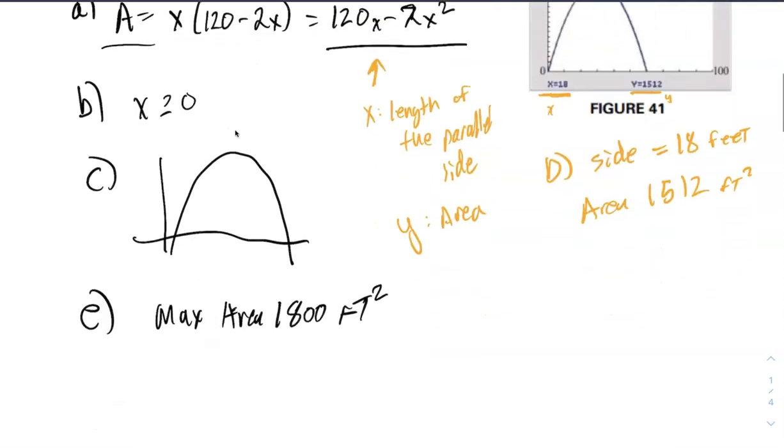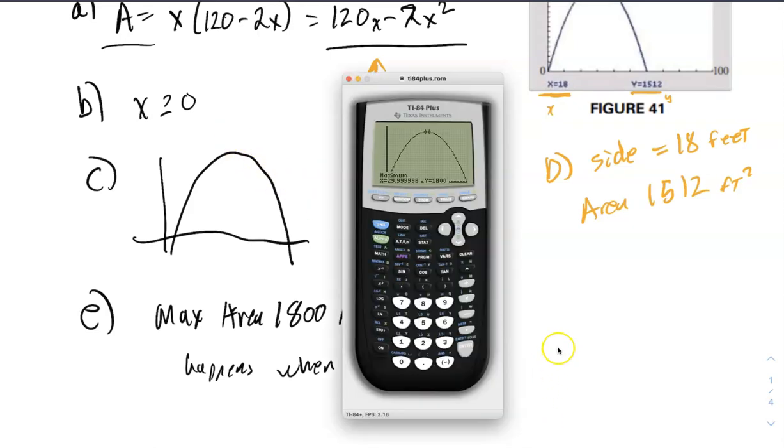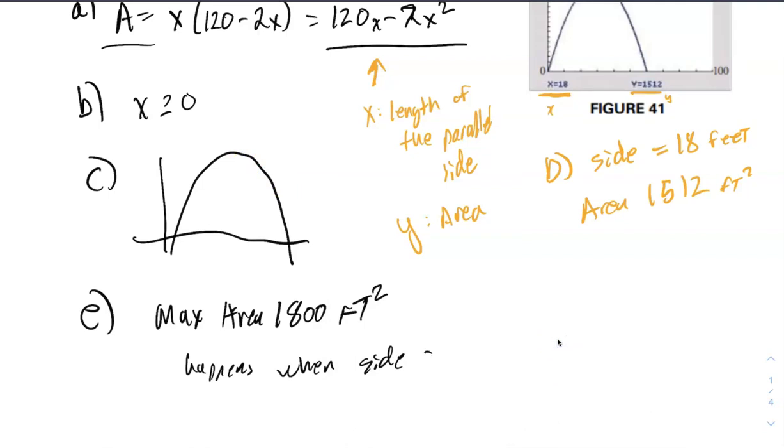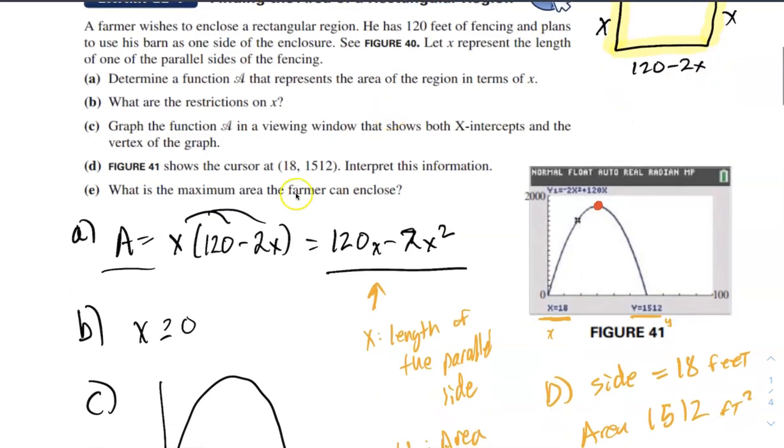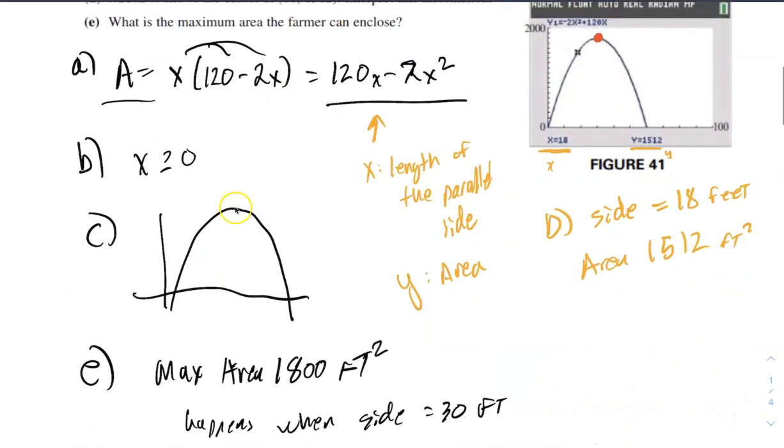By the way, that happens when the side is a length of 13. Was that 13? 30. So it's a little context there, but that's how we do it. We draw a picture. We set up an equation that fits the picture, and then if they want us to find the max, we just graph it and find the max.